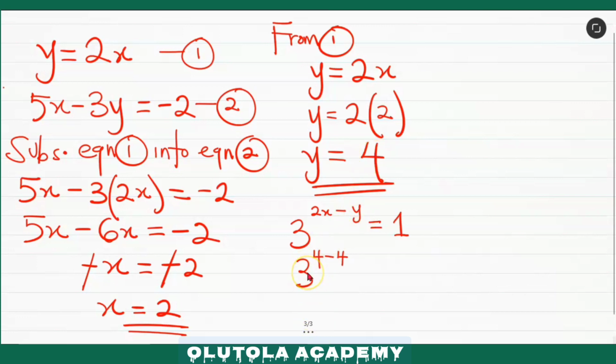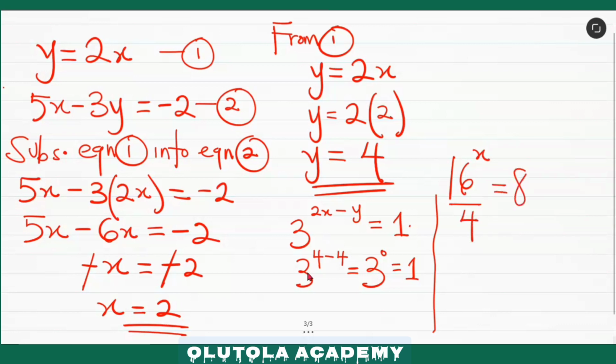So that will give us 3 raised to power 0, and 3 raised to power 0 is 1. So this is correct. If I check on the second equation, I have 16 raised to power x divided by 4 equals to 8 raised to power 3x minus y.